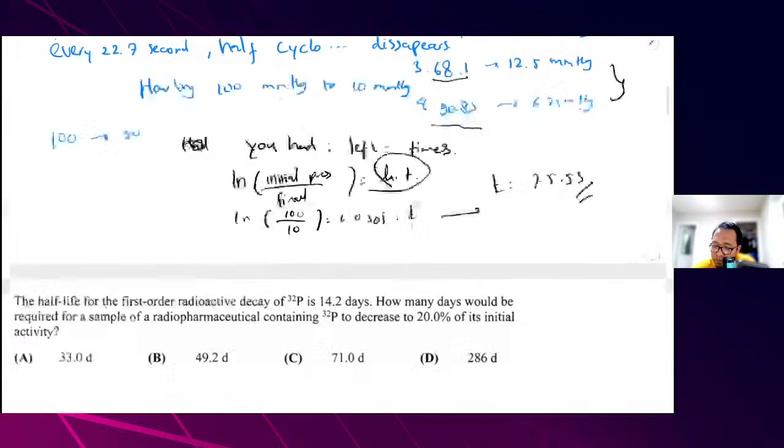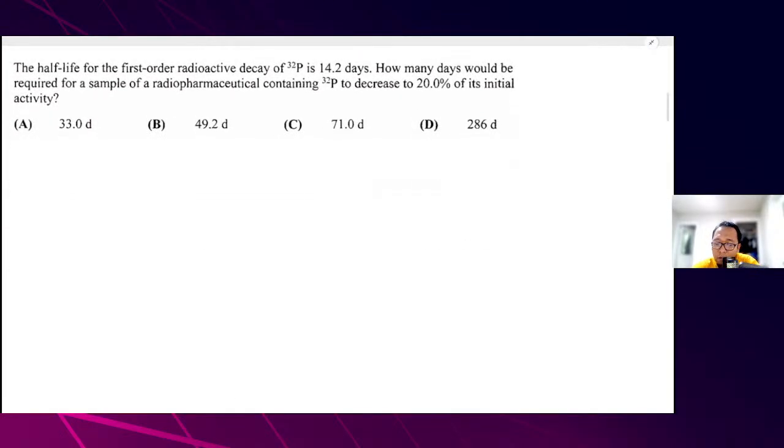Again, the half-life for the first-order radioactive decay of 32P is 14.2 days. How many days will be required for a sample containing this to decrease to 20% of its initial activity? We can use the previous concept.